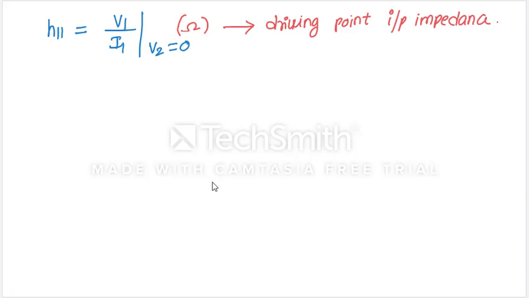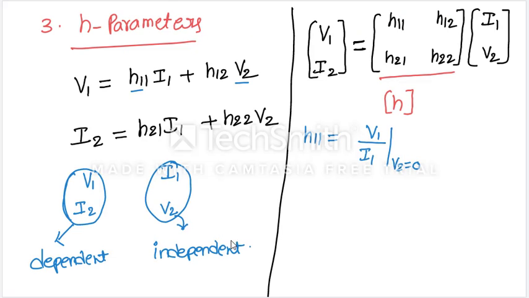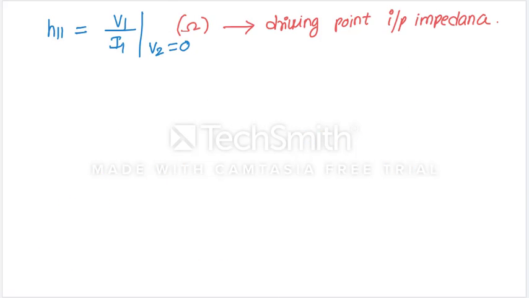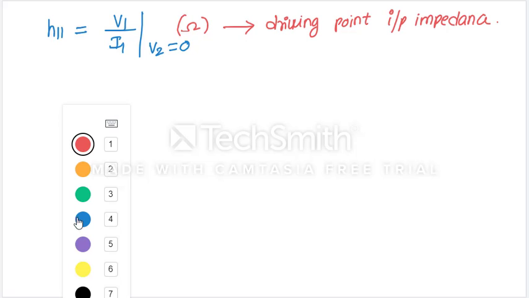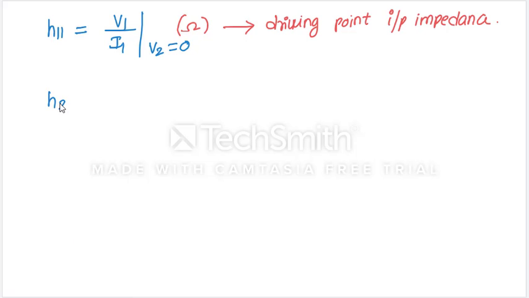Similarly we can write the remaining ones also. H21 is I2 by I1 when V2 equal to 0.